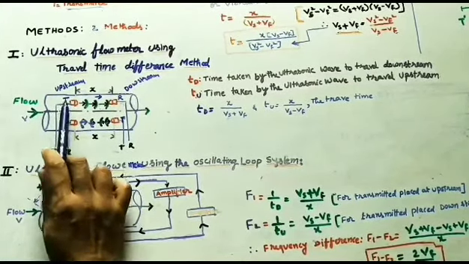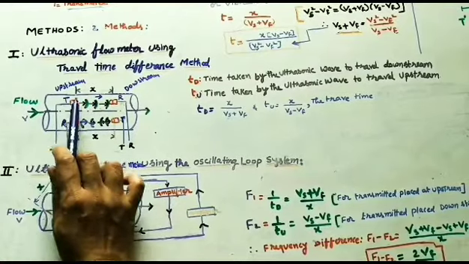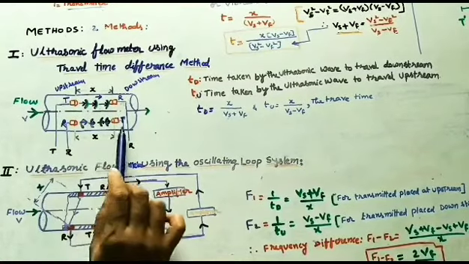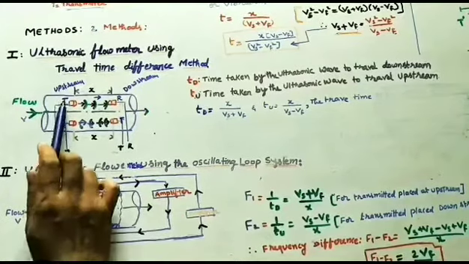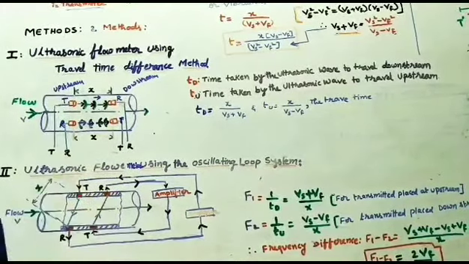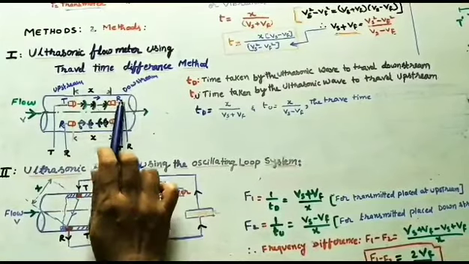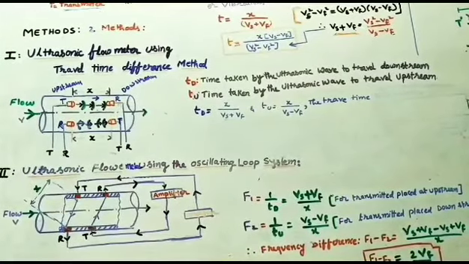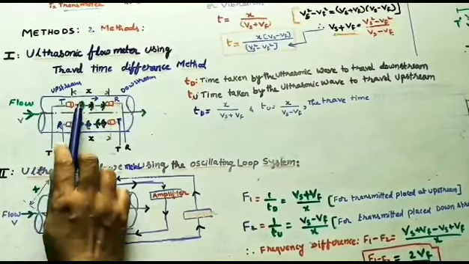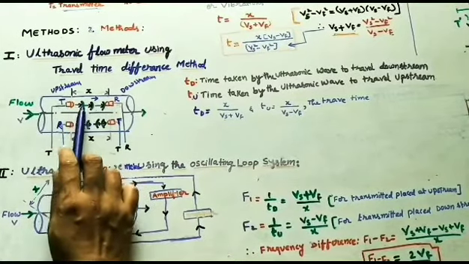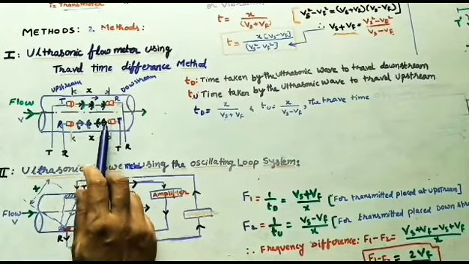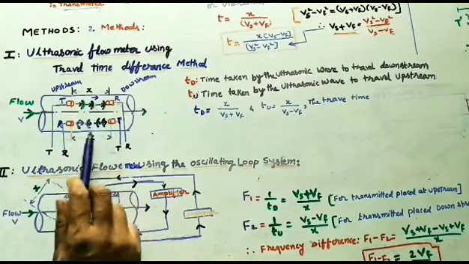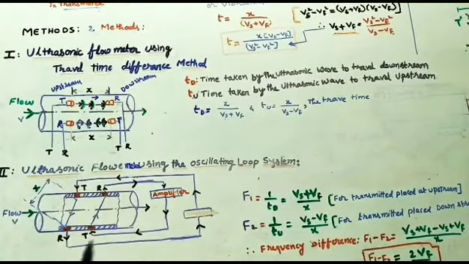So there is transmitter and receiver here, and transmitter and receiver there: one T and one R in upstream, one T and one R in downstream. Waves travel x distance in this direction, and x distance in this direction also.